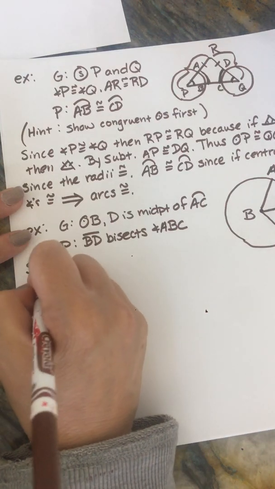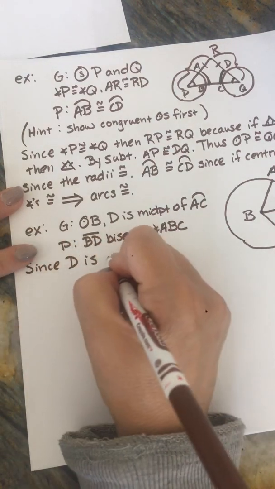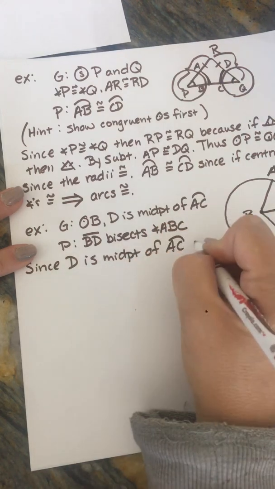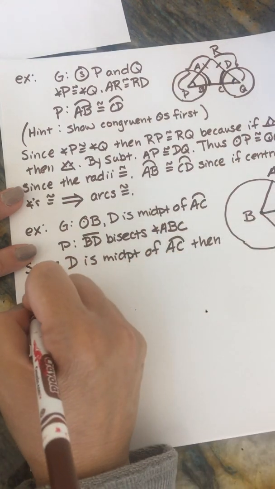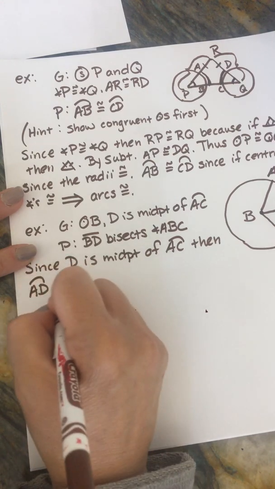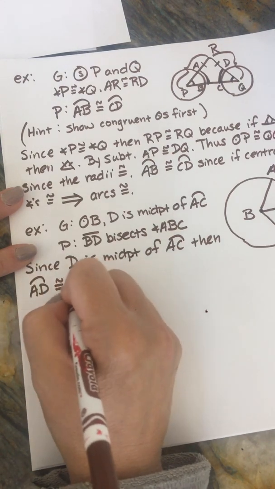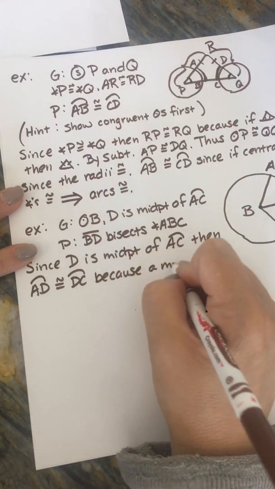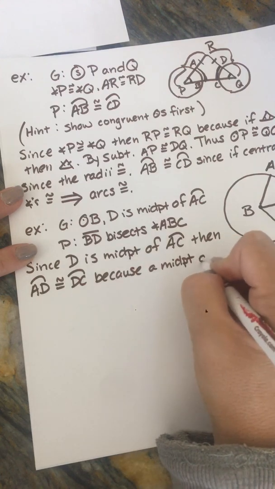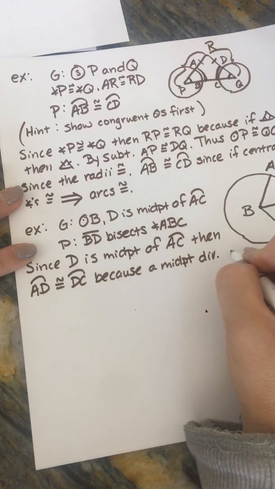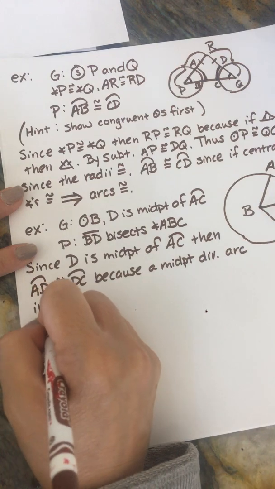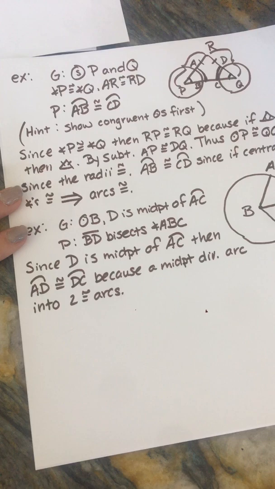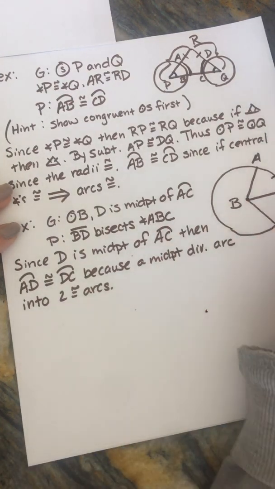So since D is the midpoint of AC, then arc AD is congruent to arc DC because a midpoint divides an arc into two congruent arcs. Okay, so this one is congruent to this one.